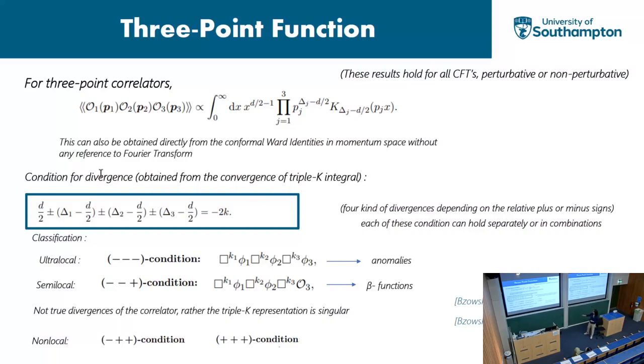Now this condition can also hold when 2 or 3 signs are positive, but it turns out that these are not true divergences of the correlator, rather it has to do with the representation that we are using, and such divergences are called non-local divergences, and they can be removed by multiplying a scaling factor with this entire correlator.